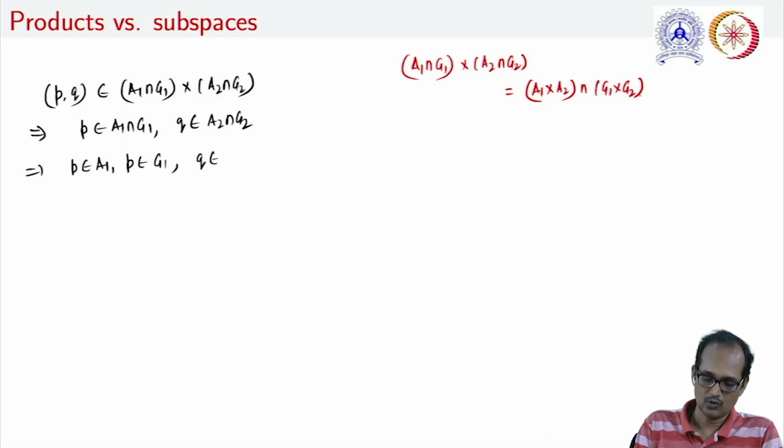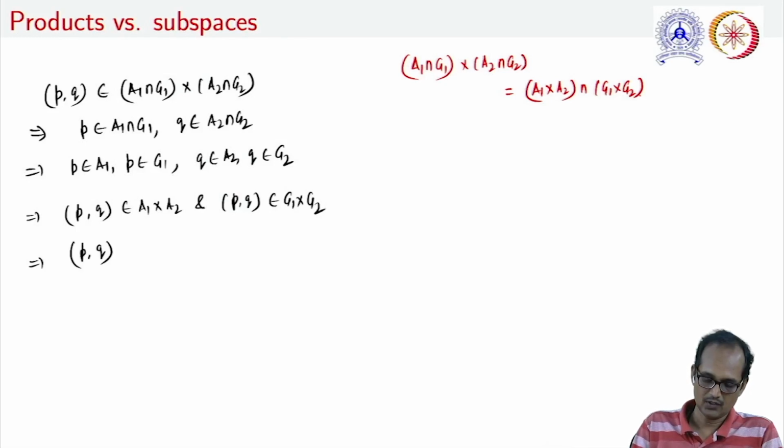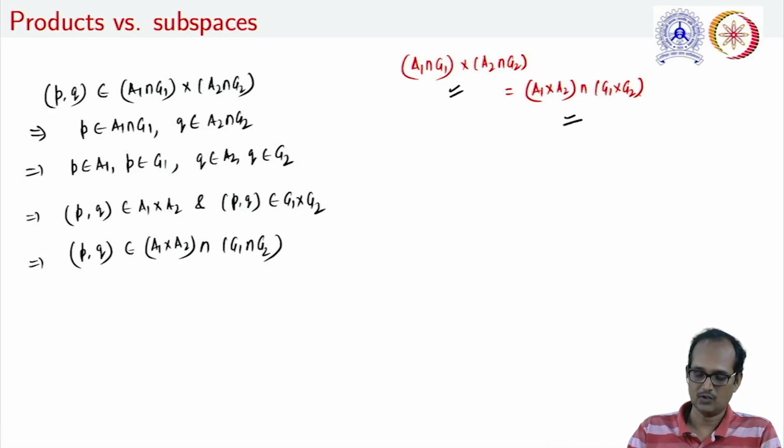Also, q belongs to A2 and q belongs to G2. From here, we can write that (p, q) belongs to A1 cross A2 and this ordered pair (p, q) also belongs to G1 cross G2. Or we can conclude that this (p, q) belongs to (A1 cross A2) intersection (G1 cross G2). So actually this is a subset of this one.